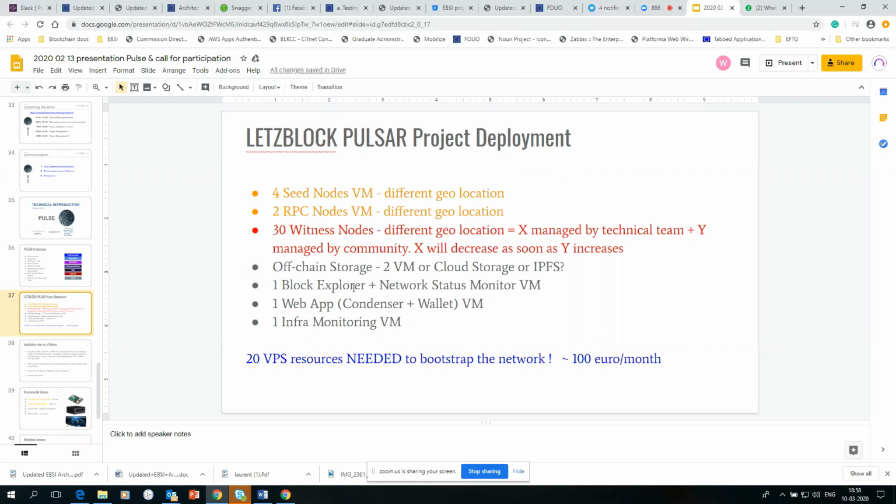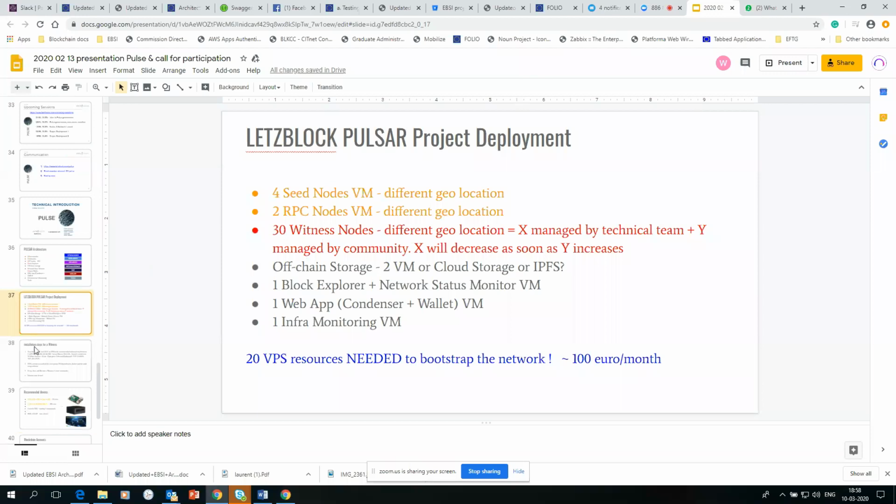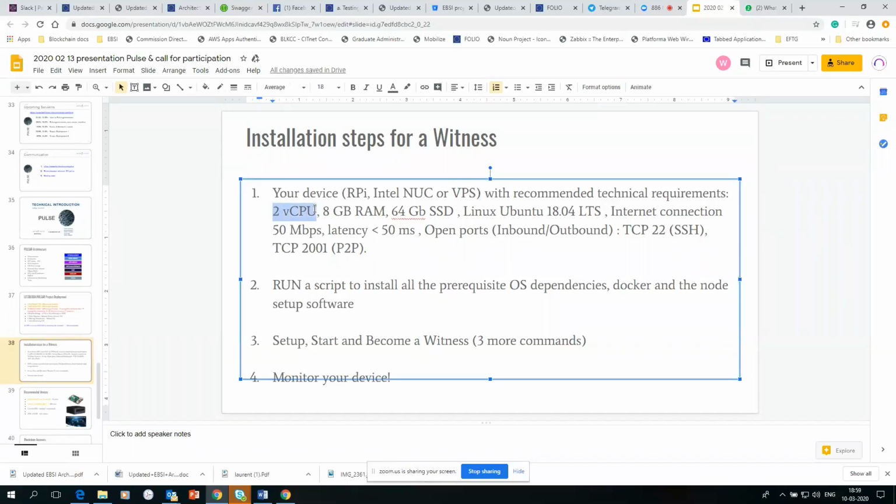I think here it's up to you, Wim, to find a way of agreeing on some specific requirements that are not technical. But from a technical point of view, it's, let's say, a recommended list of technical requirements. How many virtual CPU, how much RAM, how much hard disk space, what kind of operating system we need, what kind of internet connection we need, what kind of ports we need to open in our firewall, and that's all.